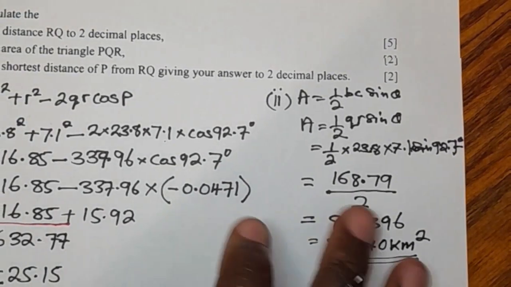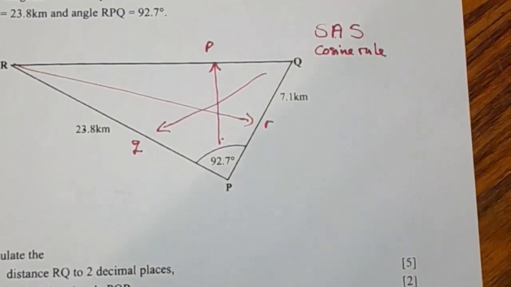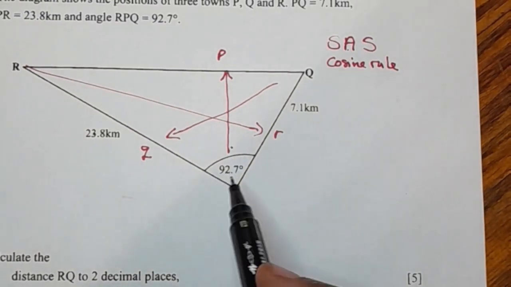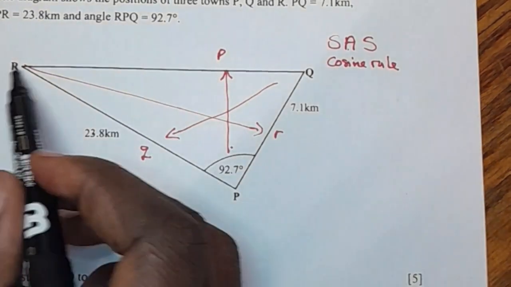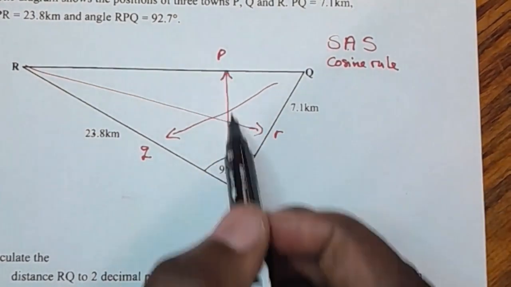Now, part C, they are saying find the shortest distance. They want you to find the shortest distance from P to RQ, so you are moving like this and then this distance here.